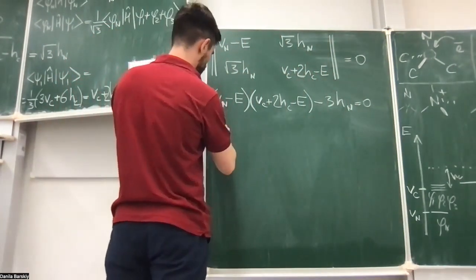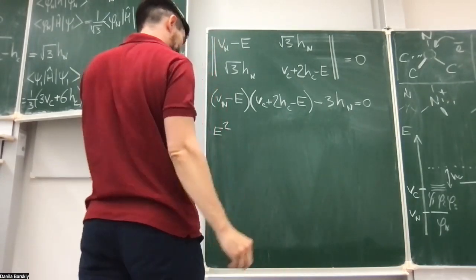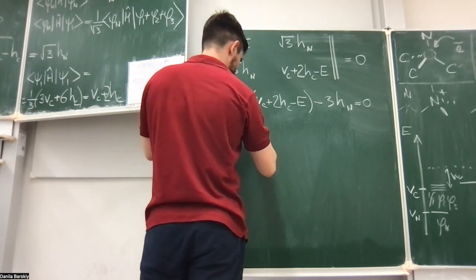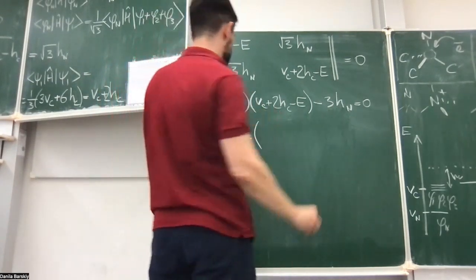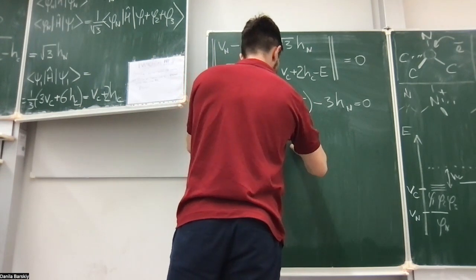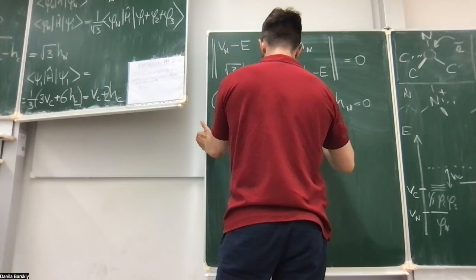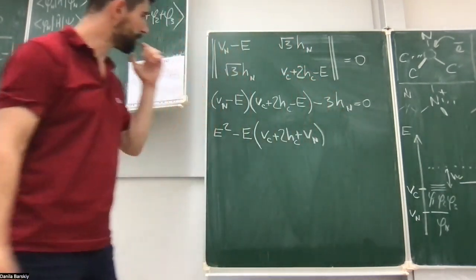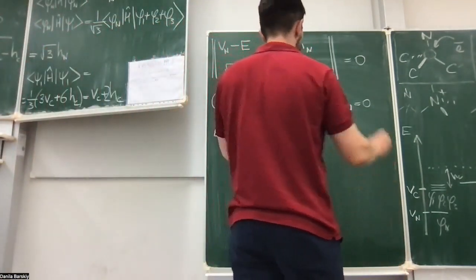Eventually, we're going to have a quadratic equation. You have to follow it if you really want to find any. So minus E goes, VC plus 2HC minus Vn. Is it 3 minus 3 times 4? Indeed, right?